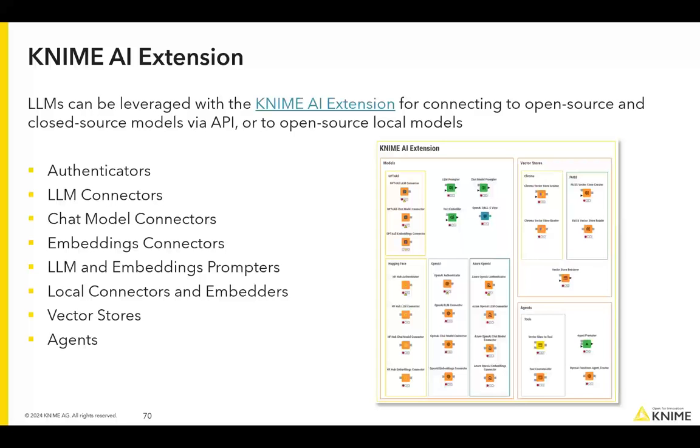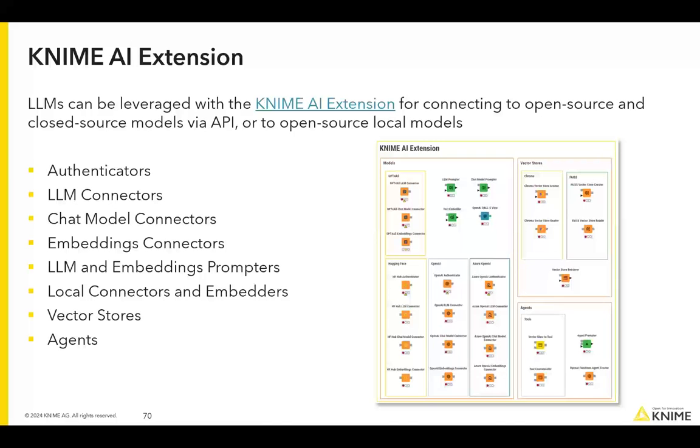And then we also have nodes to create embeddings, which we saw is important to be able to have a RAG process, a retrieval augmented generation process. We have nodes to create vector stores and also to create and work with agents. And the little blue one that you see here is able to connect to DALL-E in case you want to generate images.